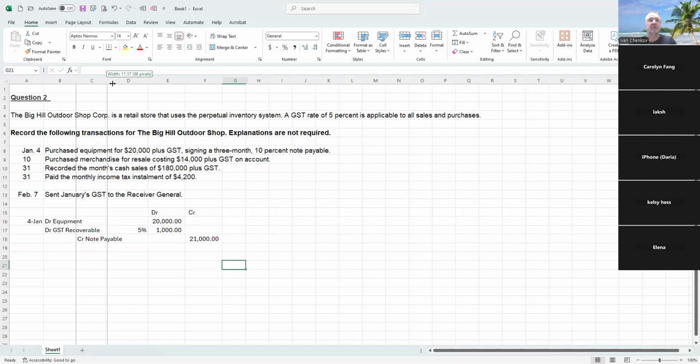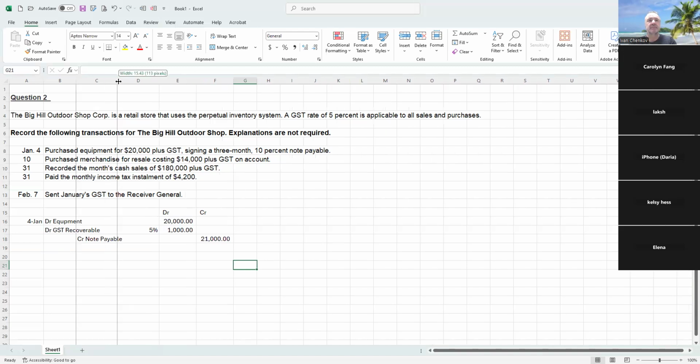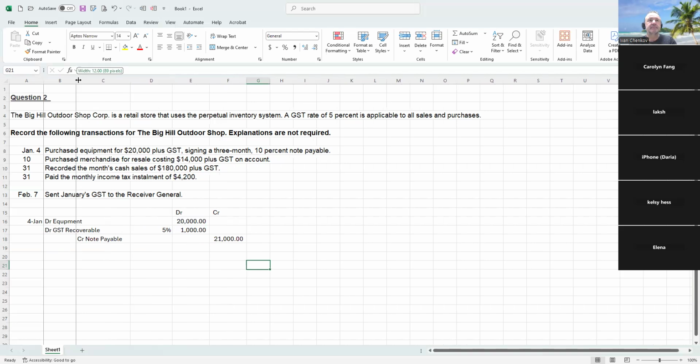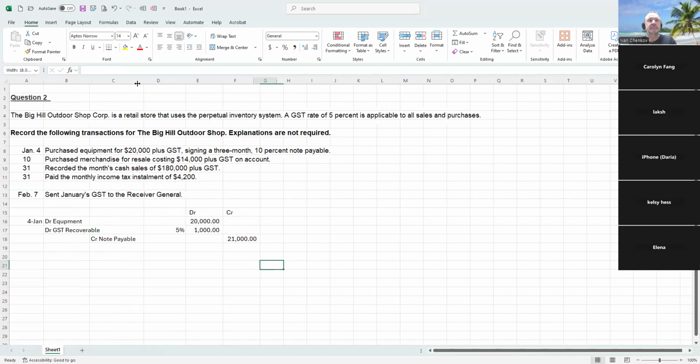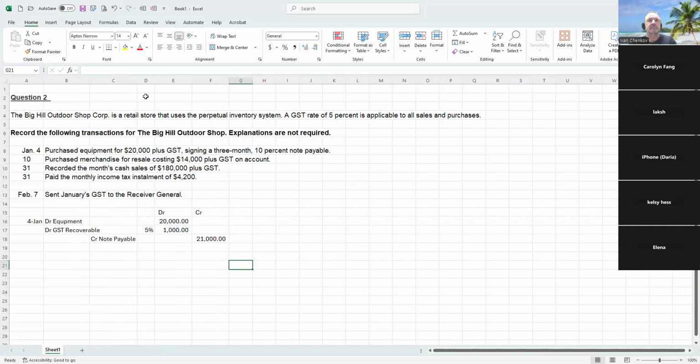What happened in the second transaction? That will be on January 10th. Debit inventory.